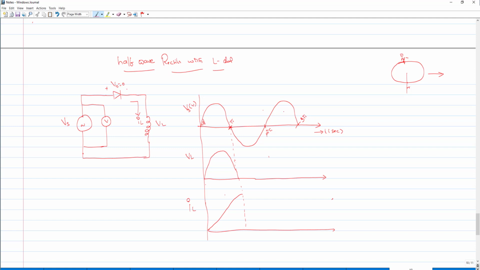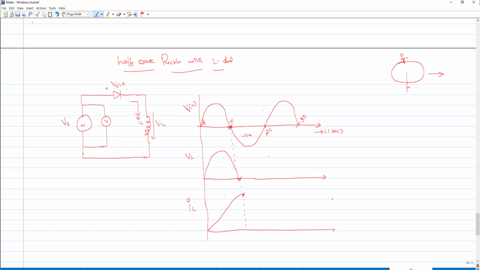Now what is actually happening, whenever it reaches this particular point, the diode stops conducting, because the source voltage is negative and the diode will not conduct at this point. But as per the property of the inductor, the current keeps flowing through the inductor and reaches this point.